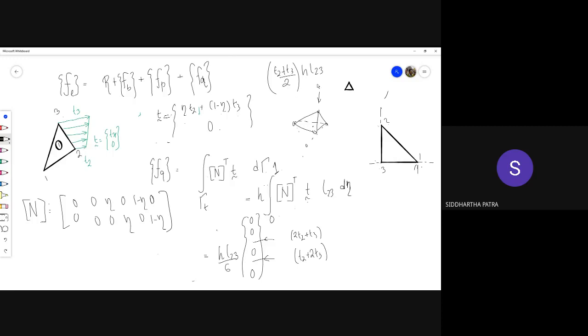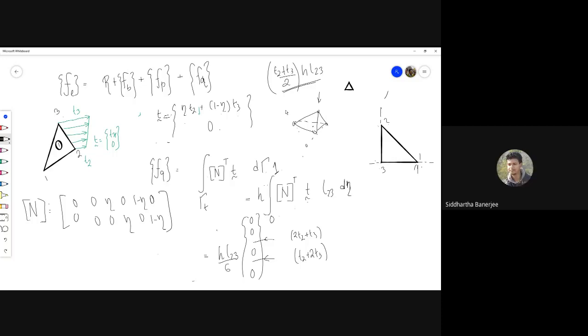So can you see this is how much the net force should be? And actually, if you add the two components here, you will see there is a net force that you are getting in the x direction. So through finite element formulation, the net force you are able to capture correctly.